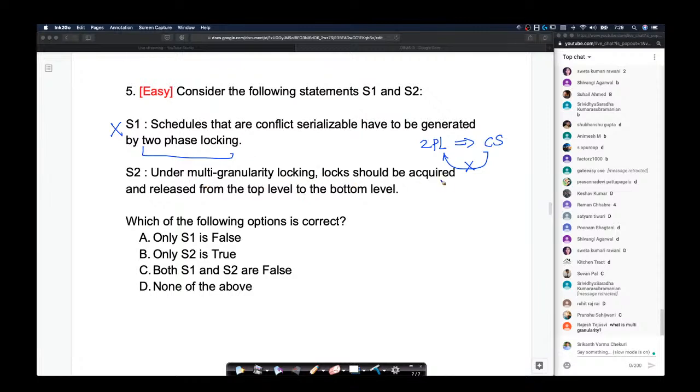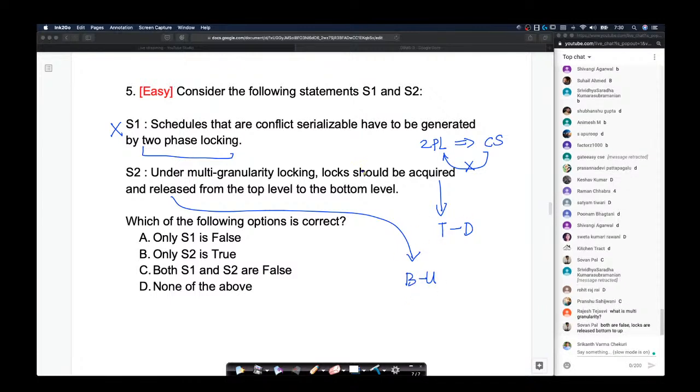Now, when you're using multi-granularity locks, typically what happens? Lock acquisition happens top down, right? And how does lock release happen?